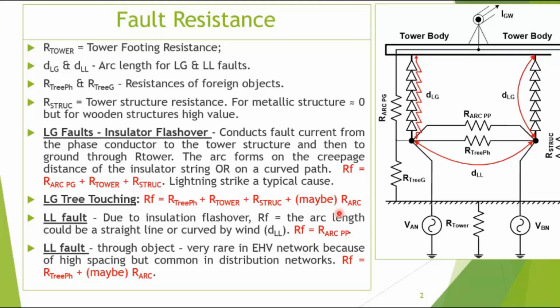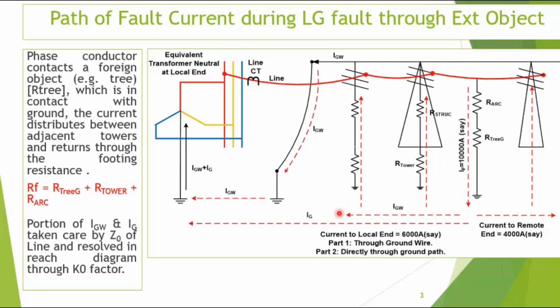Okay, now let me go to the LG fault. Actually, this was the page which was a little bit questioned. In an LG fault through an external object, external object means suppose a tree comes very close to a conductor. Now, what is the path of the fault current? So here you see in this diagram, this is the representation of a tree.